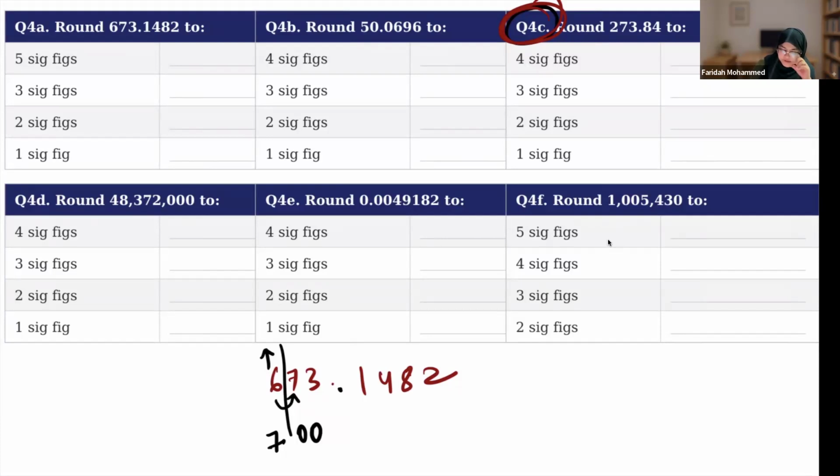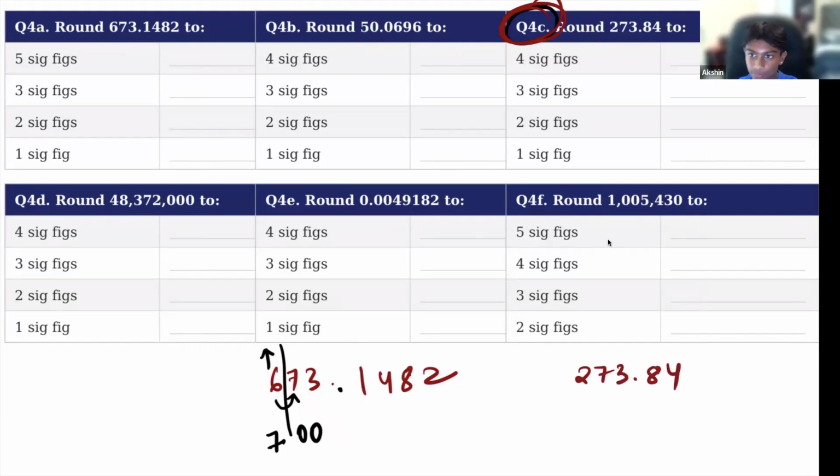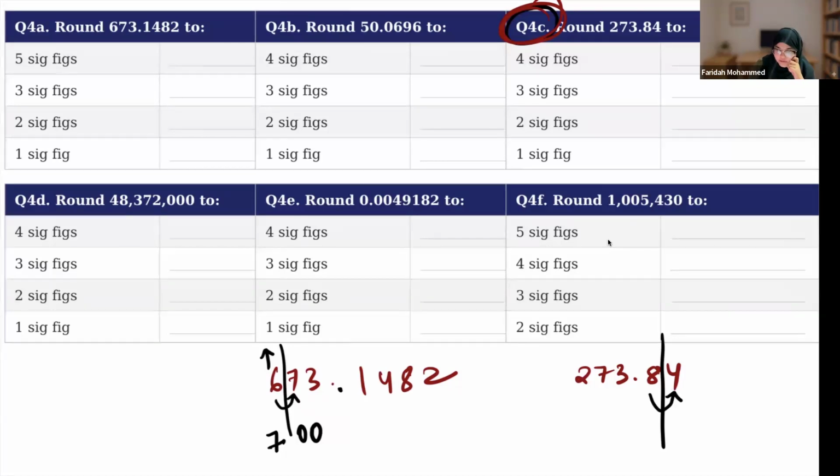So for sig fig, what do we do? We put 4 places over. So you would put the line between 8 and 4. Good. First you want to check the next number, which is 4. You want to check whether it's 5 or above. Is it? No. So what happens to 8? It stays the same.